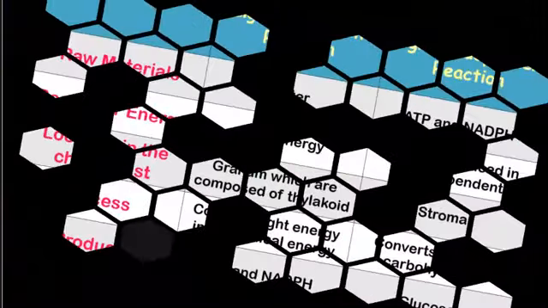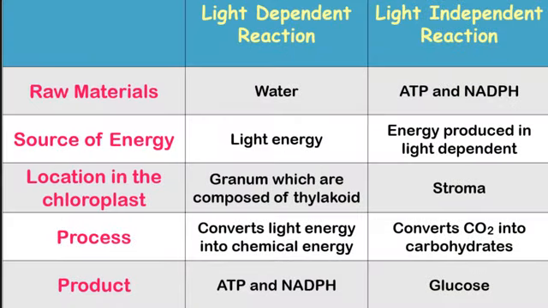So, here is the table for the summary of the difference between the light-dependent and light-independent reactions. The raw material for the light-dependent reaction is water, while in the light-independent reaction, ATP and NADPH are the requirements.